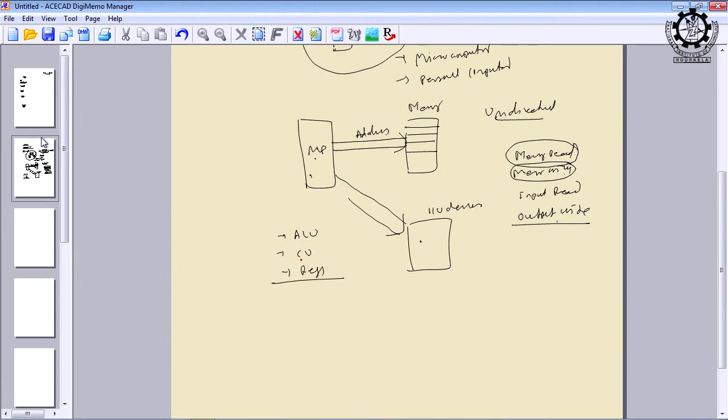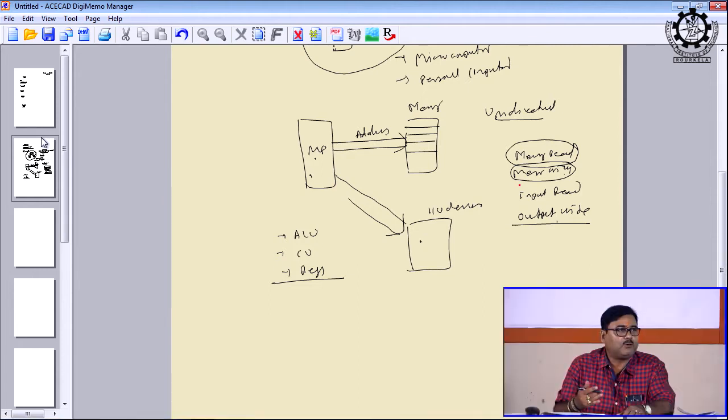So it is the job of the control unit to issue the control signal depending upon the requirement. Suppose I want to read data from memory to microprocessor, then the memory read control signal must be used. And suppose I want to write some data into memory, then the memory write control signal should be used.